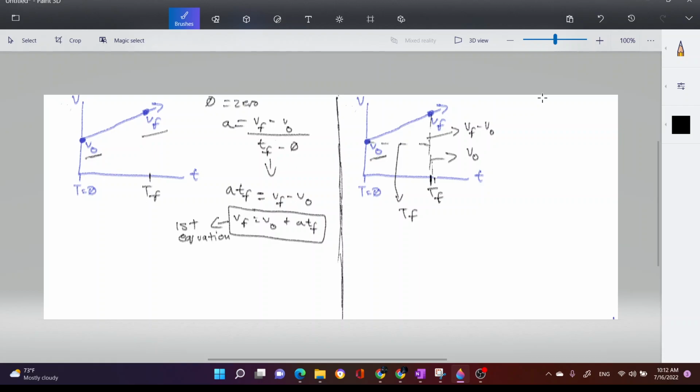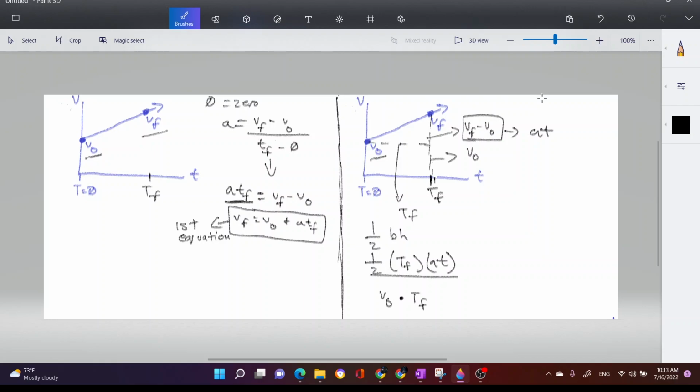So when we use the formula 1/2 base times height, that would just be 1/2 TF times... Also, we discovered that VF minus V naught is equal to AT over here. So we can just make the height AT. And then this is our triangle right here.